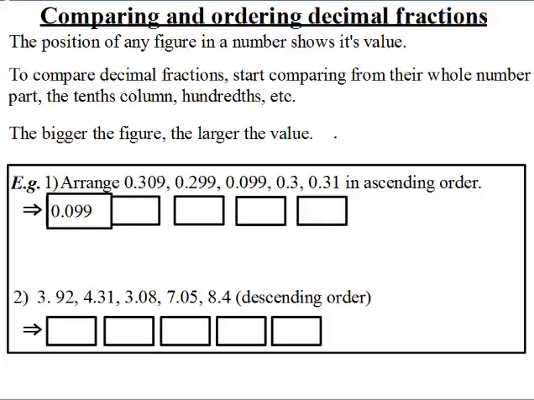Then let's move on. Still on the tenths column, we have 3 here, 3 here, and 3 here. Hence, it can't tell us which number is the next smallest number. So, let's compare the hundredths column. Here we have 0.